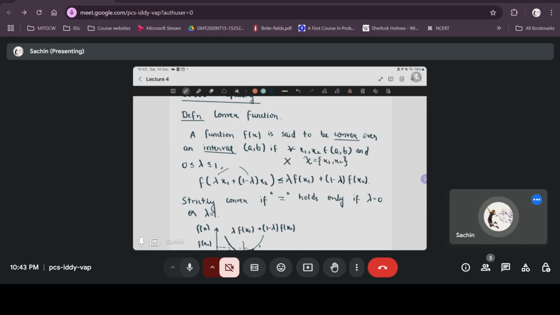It's a binary random variable, that is, it can only take two values. The probability of the first value is lambda, and the probability that it will take the second value is 1 minus lambda. Then lambda x1 plus 1 minus lambda x2 is the expected value of x, and lambda f of x1 plus 1 minus lambda f of x2 is the expected value of f of x, right?